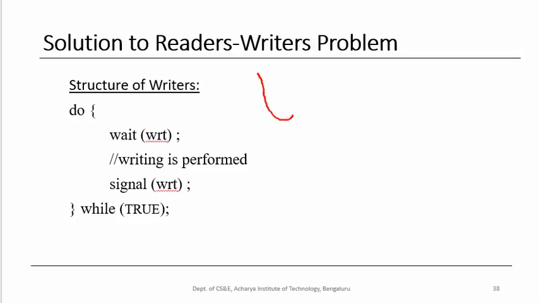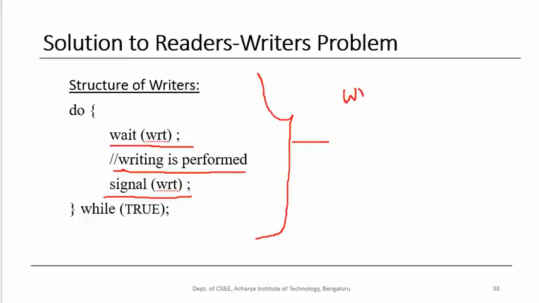Okay, the structure of the writer is very simple. Before any writing or updating operation is performed on the database, a lock is acquired and released once the writing operation is over. So what is that lock?